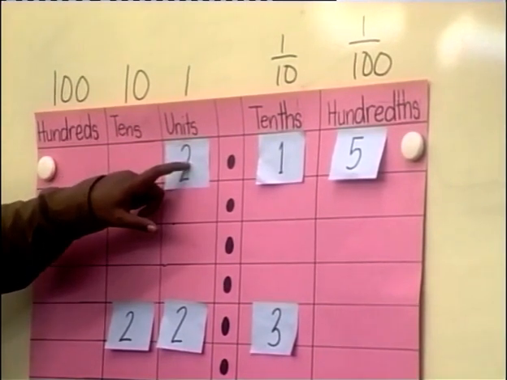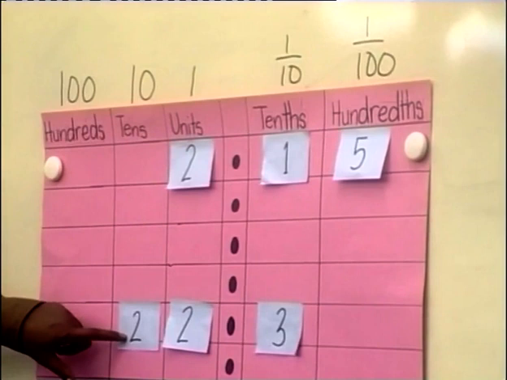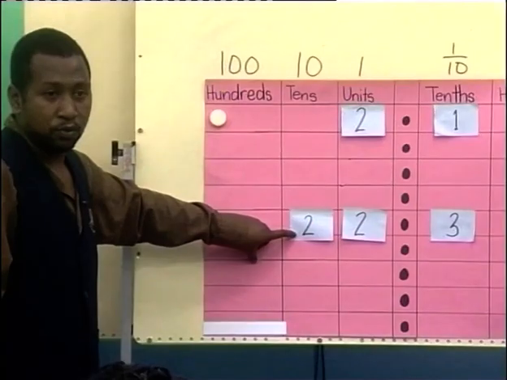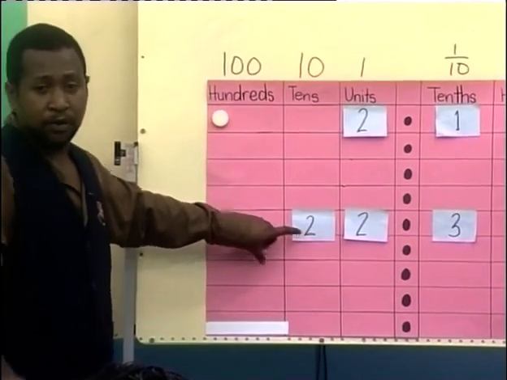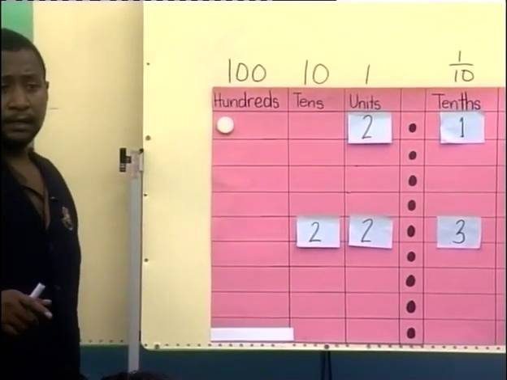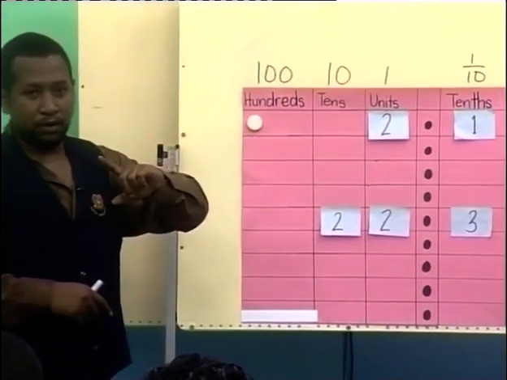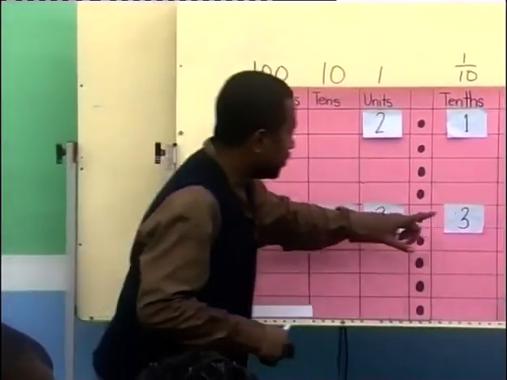Can you see that? What about these 2 here? What will be the value of these 2? How did you get 20? 2 times 10. Very good. What about 3?